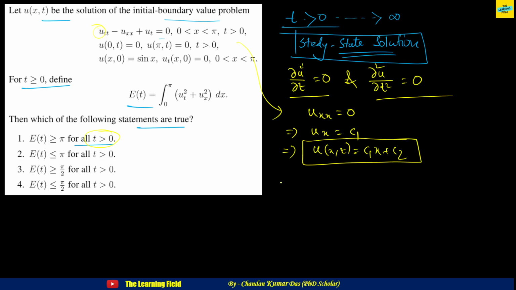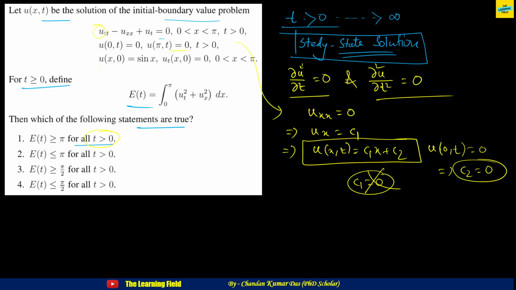Now if we apply the boundary conditions, the first boundary condition u(0,t) equal to 0 implies c2 equal to 0. Now if we apply u(pi,t) equal to 0, then c1 is also 0, but we are not interested in this solution.